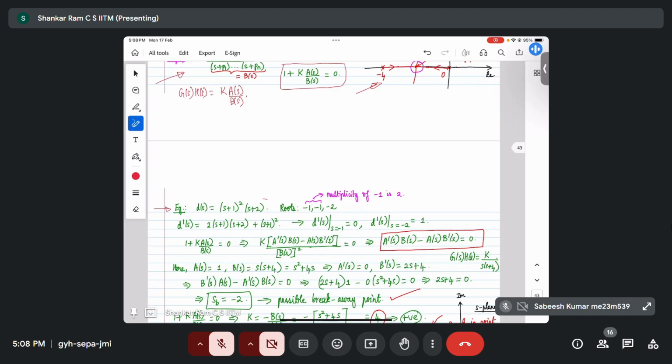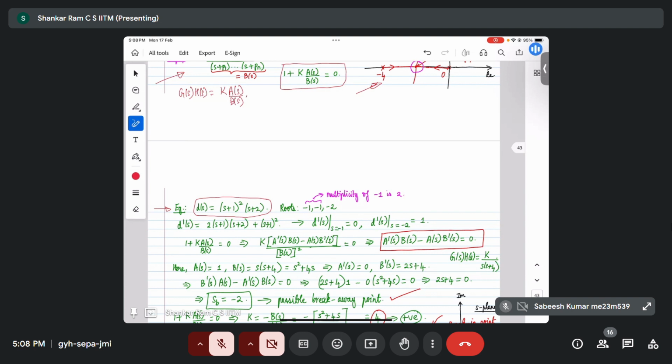So let's consider a polynomial (s+1)^2 times (s+2). The roots of the polynomial are -1, -1, and -2. Now, in this case, which is the repeating root? The repeating root is -1.